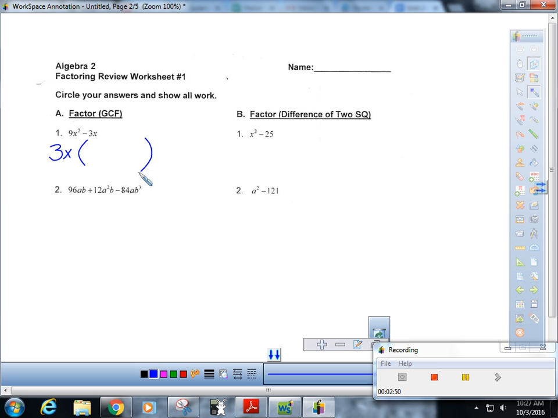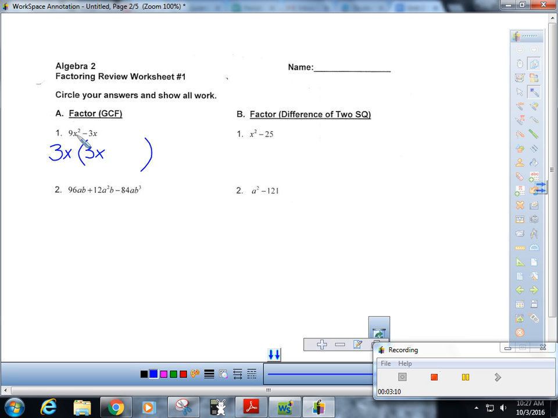So you ask yourself, what did I have to multiply times 3x to get to 9x squared? Well, I know what times 3 is 9? 3. What times x is x squared? X. Then I just test that by going forwards. 3 times 3 is 9. X times x is x squared. Good.